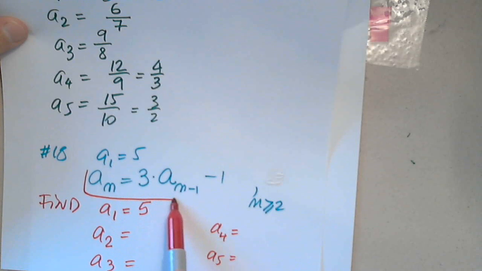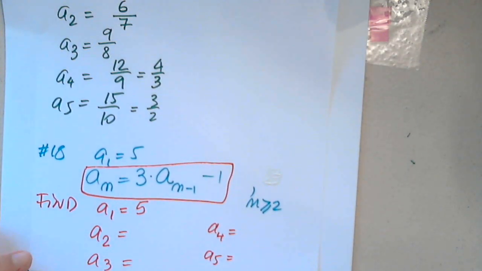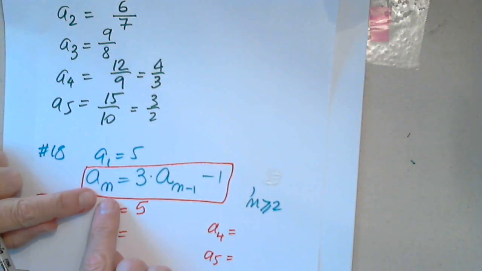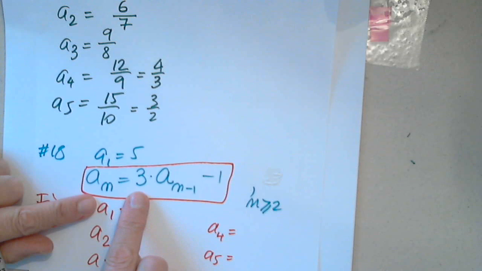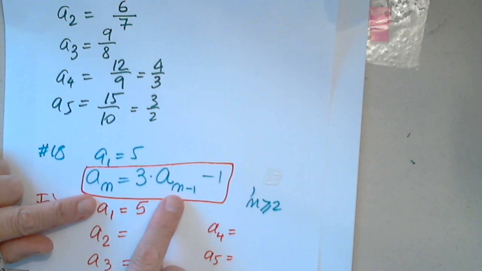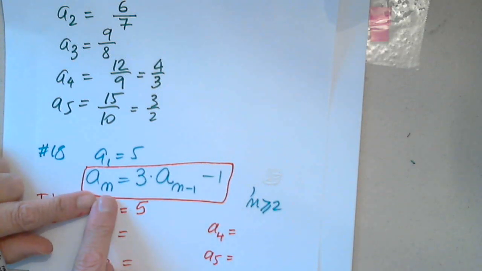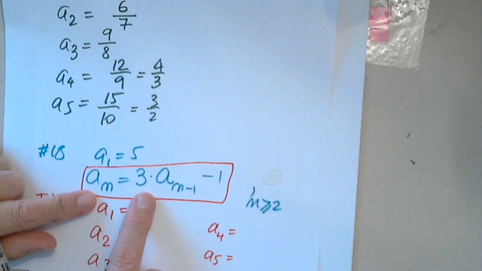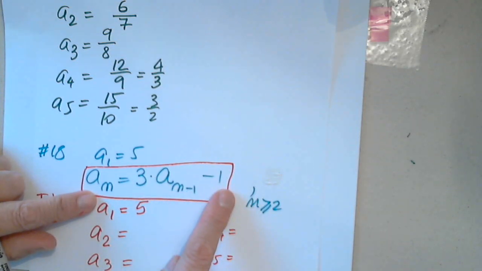Let's read what this formula is telling us. The formula is telling me that, for example, if I'm asked to find a10, I have to multiply 3 by a9, minus 1. If I'm asked to find a11, then I have 3 multiplied by a10 and then minus 1.